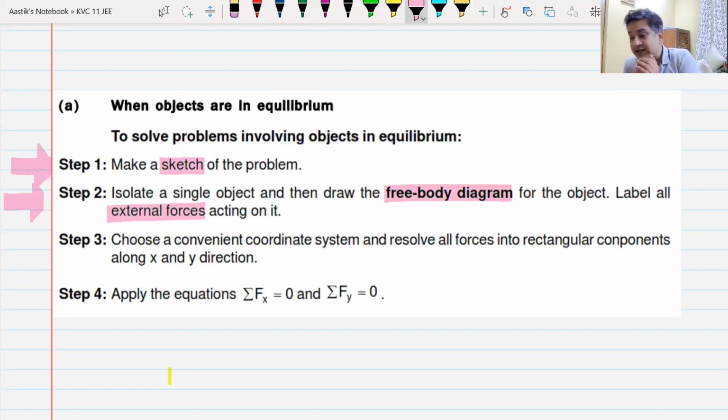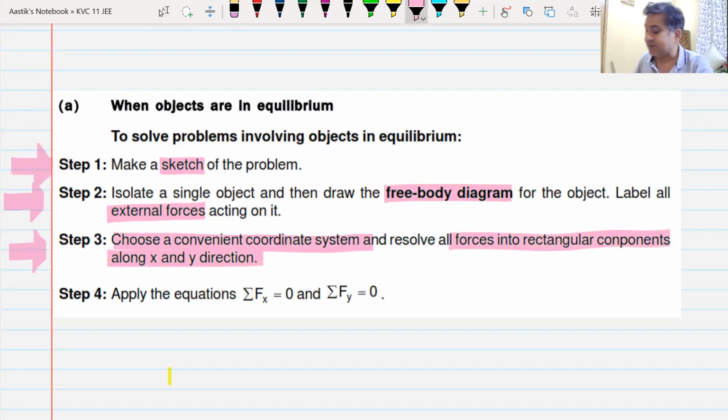So the most important step is actually step number 2, because step number 1 is already there in the form of the question. You have to isolate the body and draw the free body diagram. Step number 3 would be to choose a convenient coordinate system, X and Y, and resolve all the forces along X and Y. There could be some forces which are not along X and Y, so you have to choose your X and Y directions accordingly.